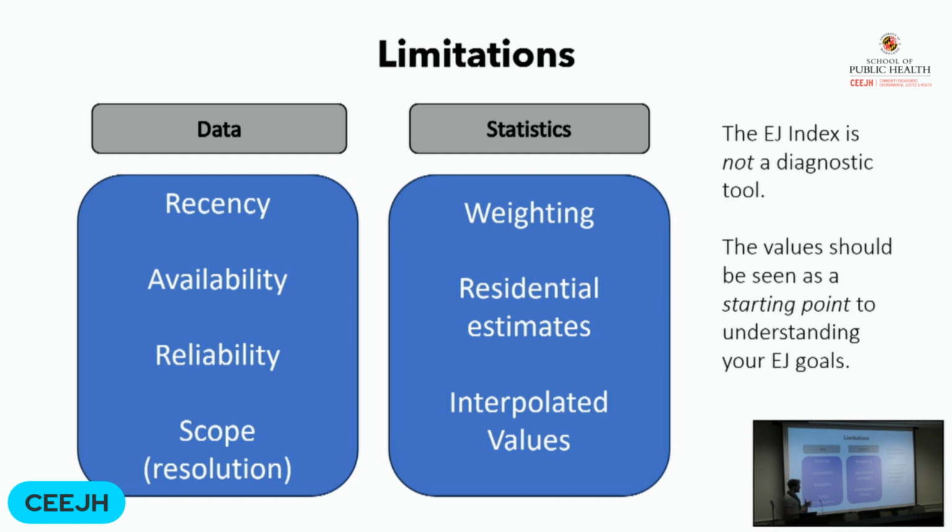But that's usually something we can work around. Scope is the biggest issue. When you're creating an environmental justice index, you want to be as close to the ground as possible. You want to get as much individualized data as you can in order to make your assessments.